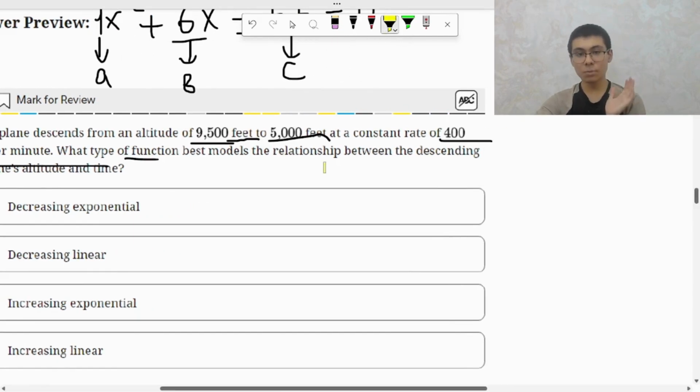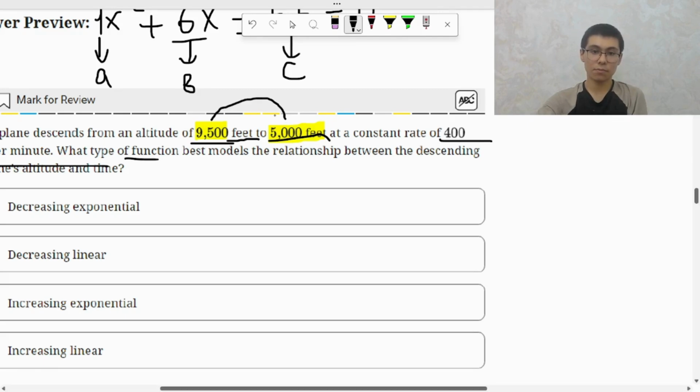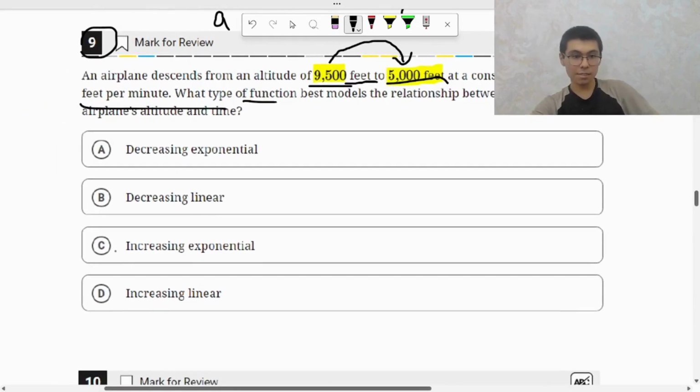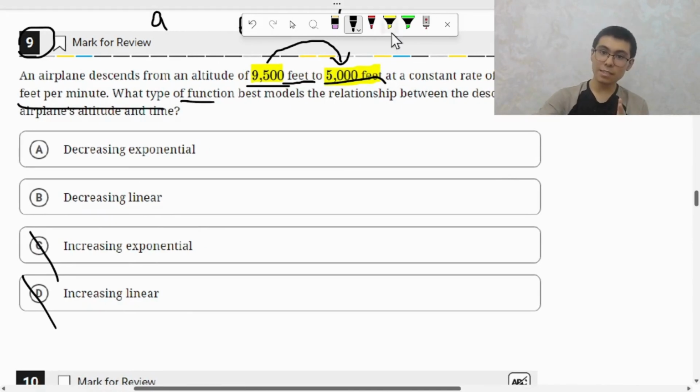The first thing that I'm noticing is these two numbers. It's going from 9,500 to 5,000, and this is a decrease, right? So we can easily eliminate C and D because they're talking about increases. The second thing that I'm looking at is at a constant rate.